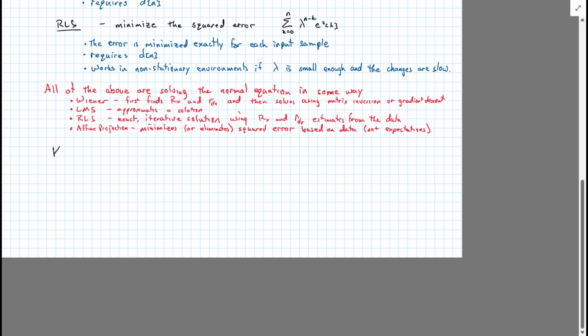The next thing we talk about is going to be the Kalman filter. The Kalman filter is in a different family of filters, if you will. It starts, as did the Wiener family of filters, by minimizing the expected value of the squared error.